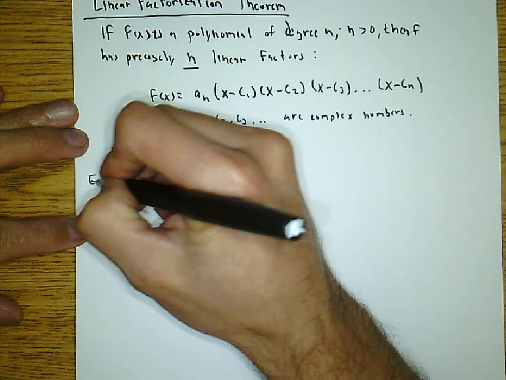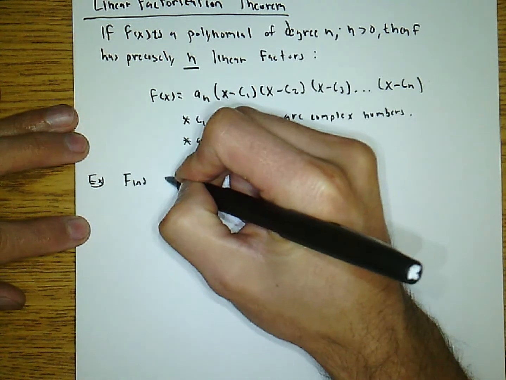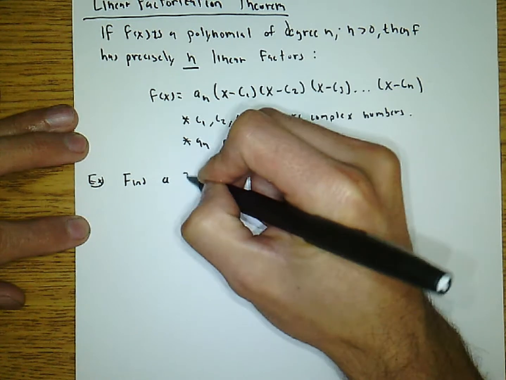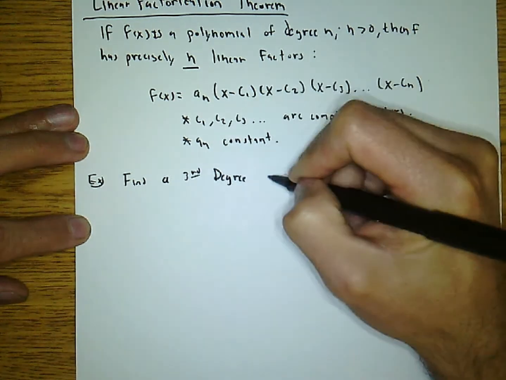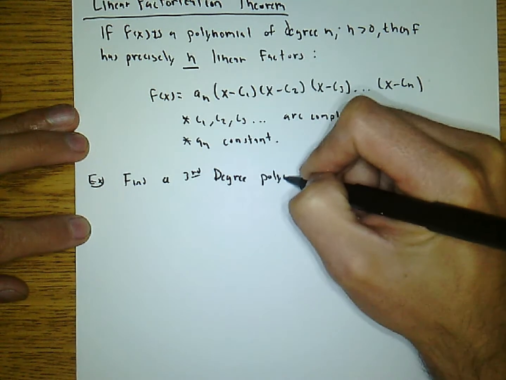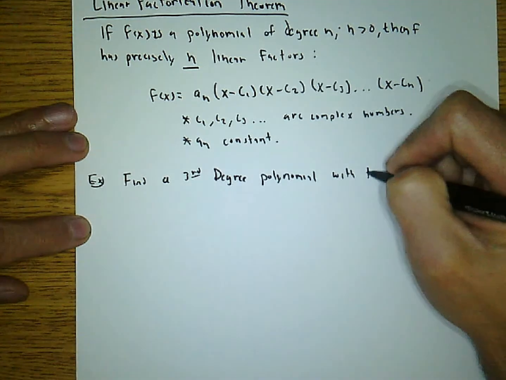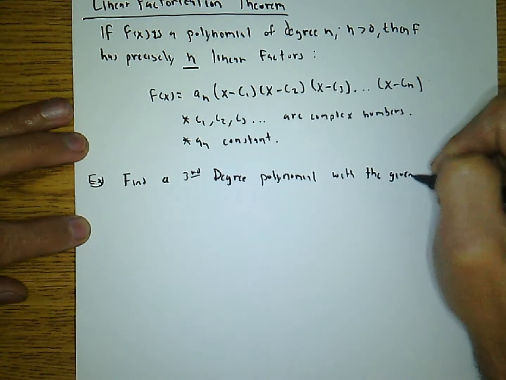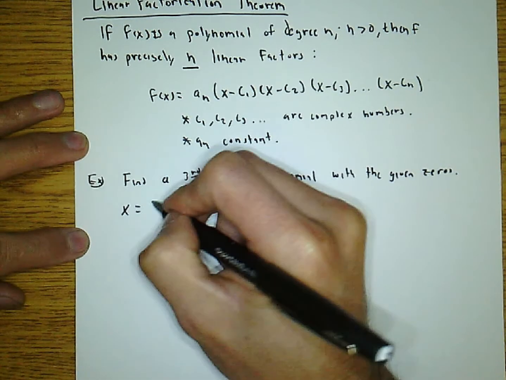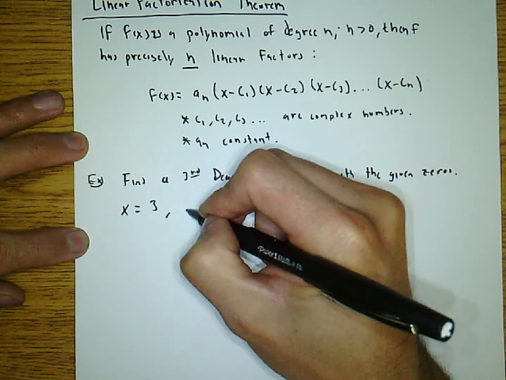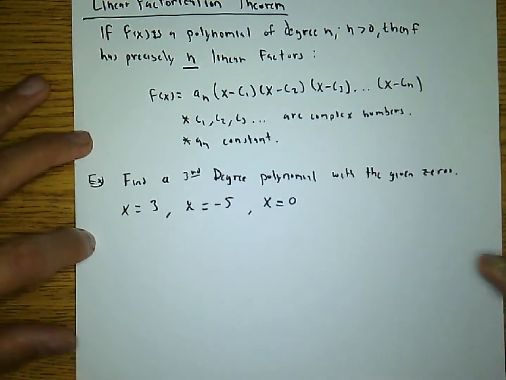So let's say that you are told to find a third degree polynomial with the given zeros. So let's say you are told that x is equal to 3, x is equal to -5, and x is equal to 0.